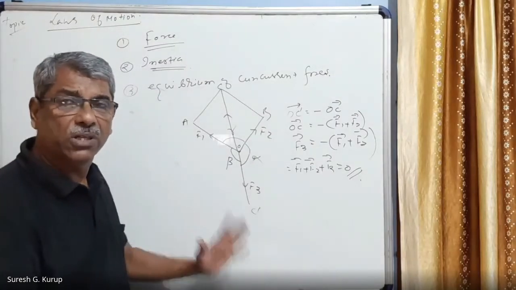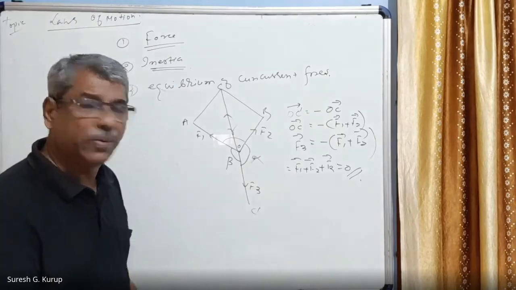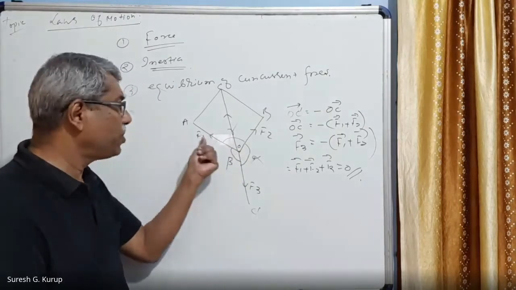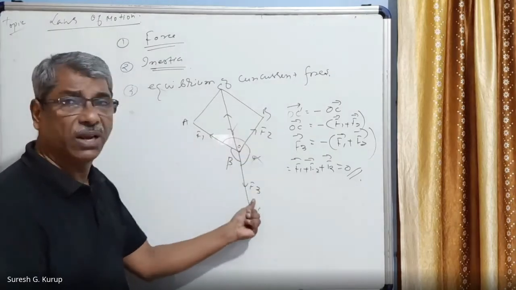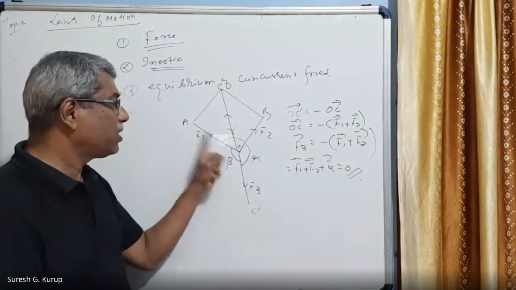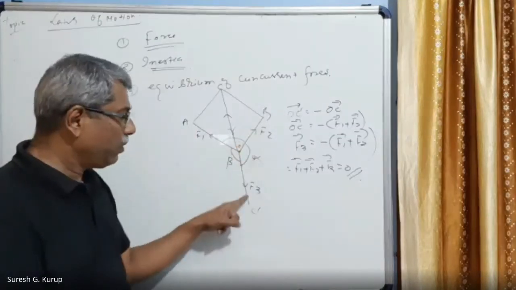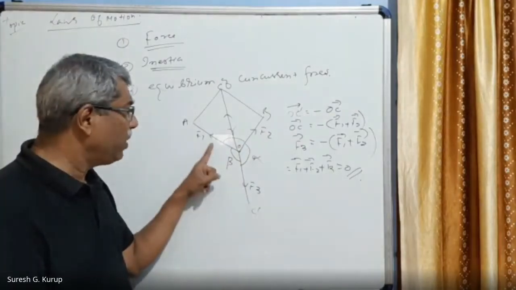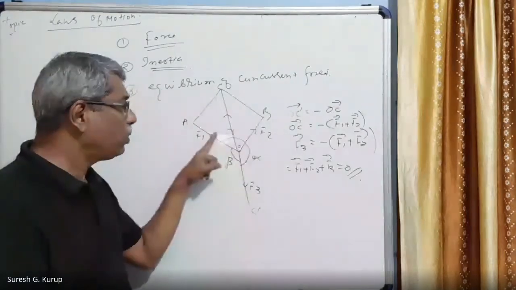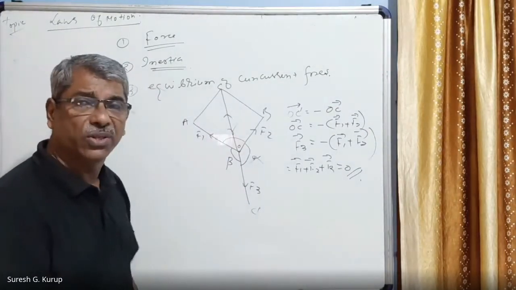When three forces are acting on a body and the body is in equilibrium, O is the body and three forces are acting, one force is F1, another force is F2, and another force is F3. The angle between F2 and F3 is opposite to F1. Leaving F1, the angle between the other two forces is alpha. Leaving F2, the angle between the other two forces is beta. Leaving F3, the angle between the other two forces is gamma.